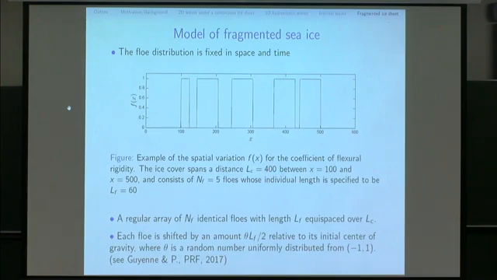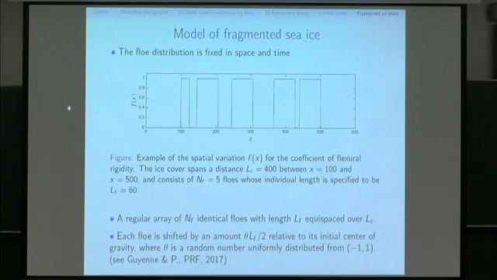So that's our model, and what we see here is the function f of x, which is 1 where there should be an ice floe. It's a tangent between them, so the tangent goes from 0 to 1 across, I don't know, a few mesh points. And what we want is to send a solitary wave. That's why I'm using shallow water. So we compute the shallow water wave, for example, using Tanaka's method.